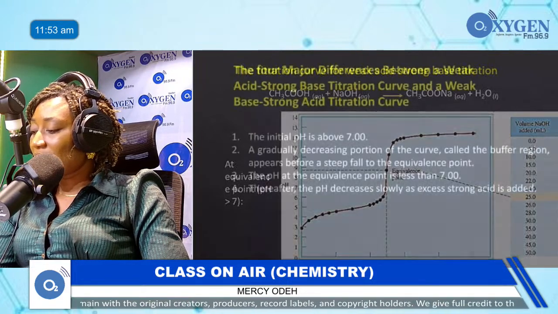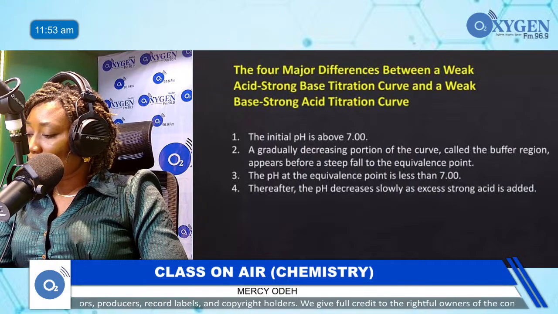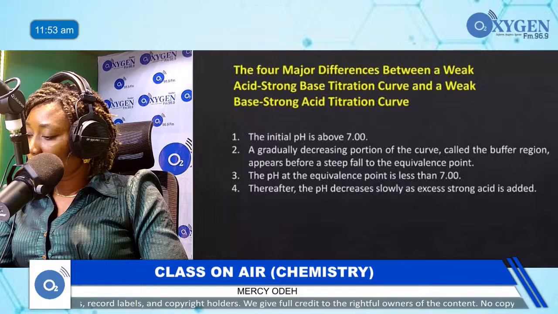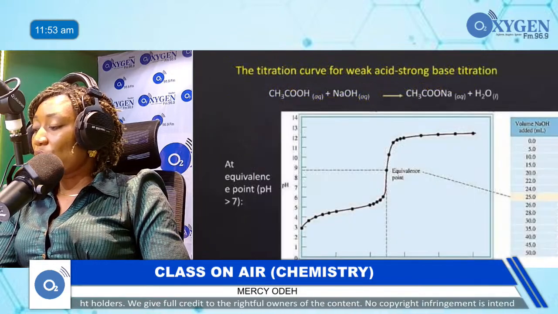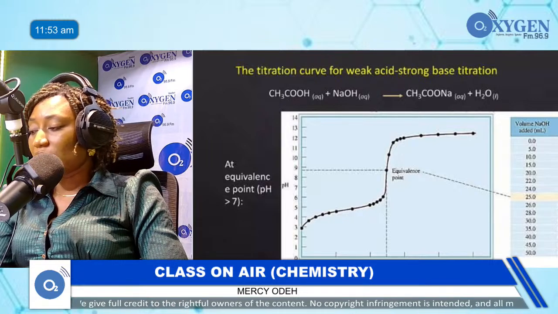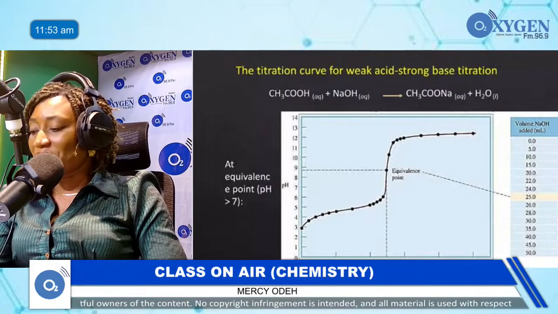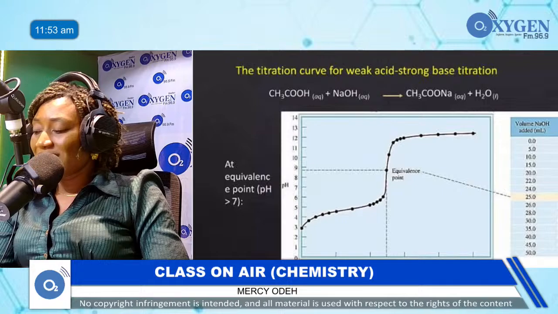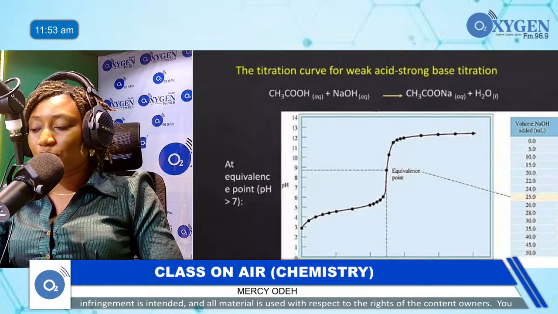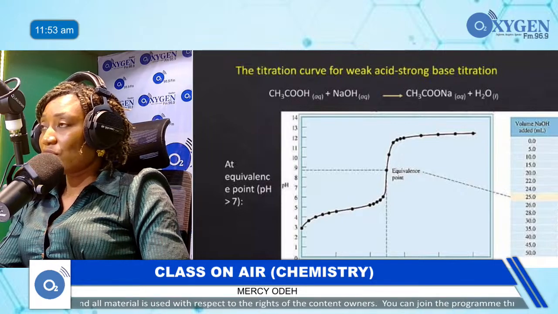So from here it moves from 6.0 to 10.5. Yes, so we can use methyl red or methyl orange here. We make use of phenolphthalein because this is a strong base. So the titration curve also helps to know the suitable indicator that can be used to carry out our titration.